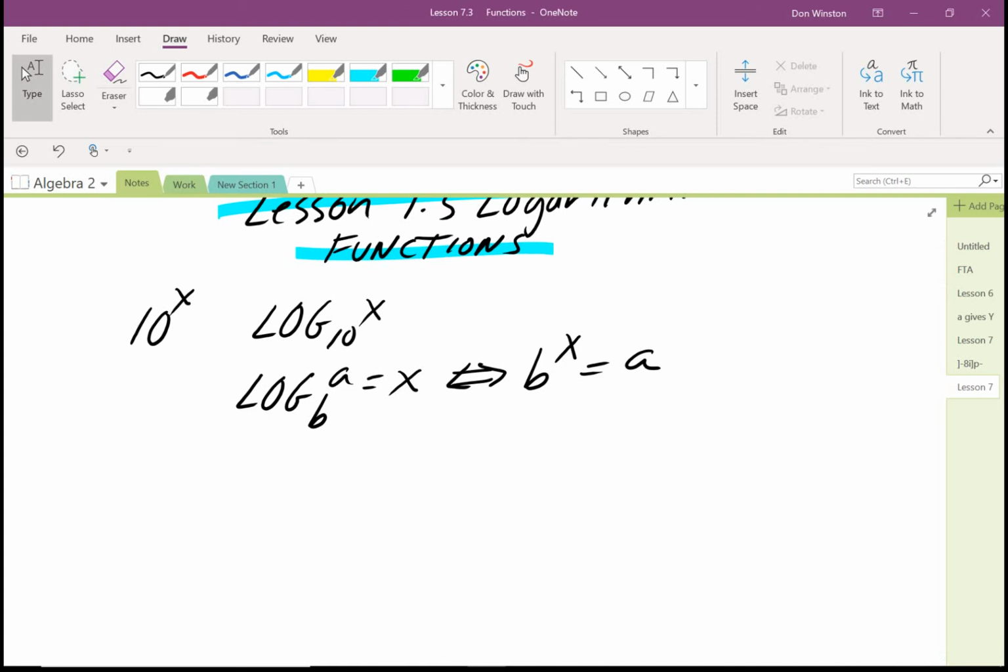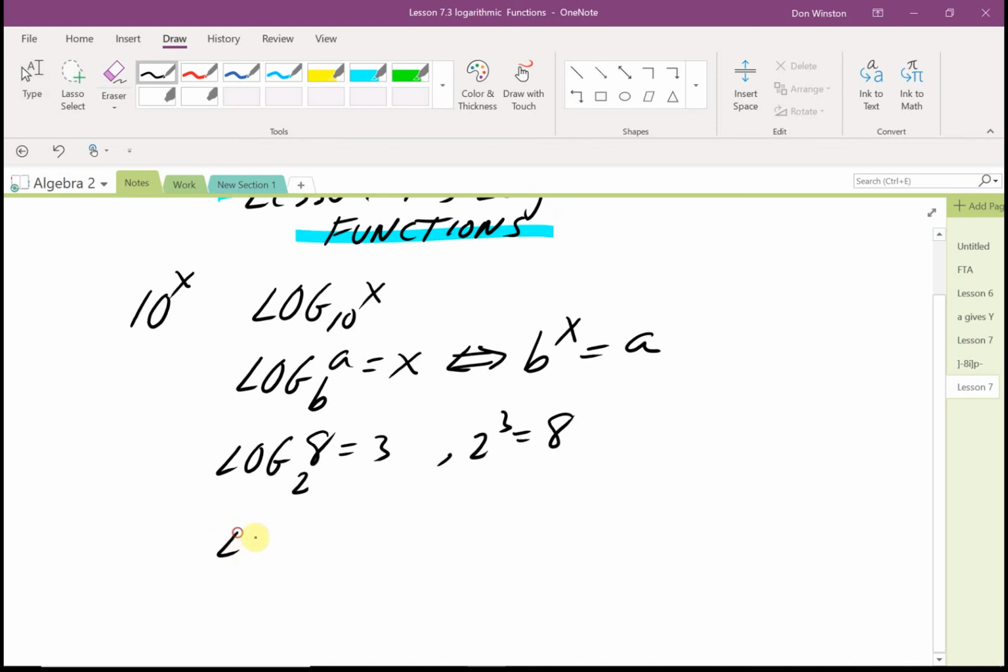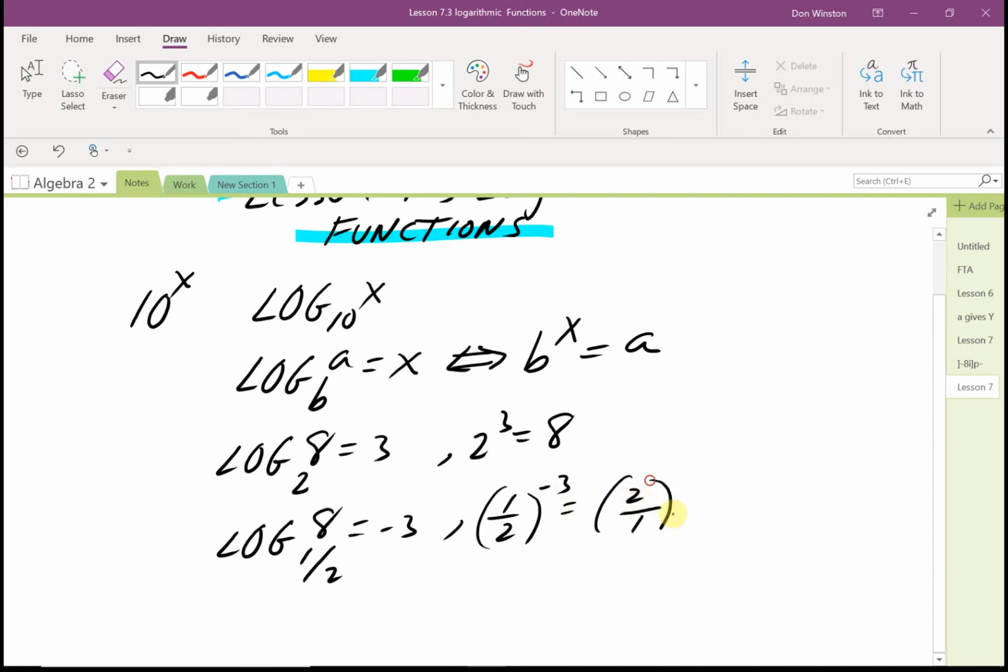So for example, log base 2 of 8 equals 3 because 2 to the third is equal to 8. Or log base 1/2 of, let's say, 8 equals -3 because 1/2 raised to the -3 is equal to 2 over 1 raised to the third, which equals 8.